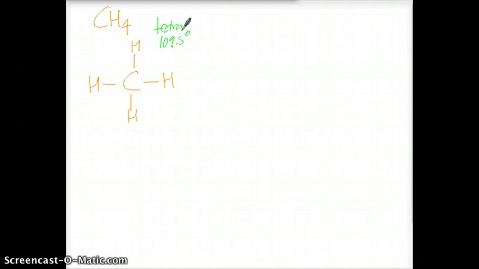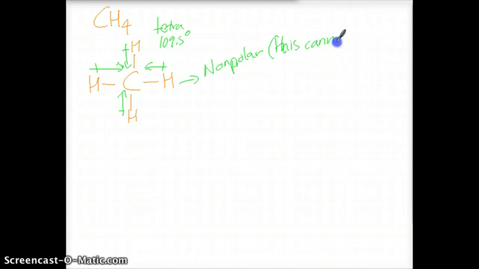And we learned that we're going to have dipoles pointing in all these directions, and all these dipoles are going to cancel out. So therefore, CH4 is nonpolar. Since it's nonpolar, this cannot have dipole-dipole IMFs, intermolecular forces.